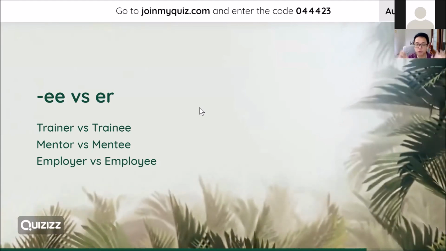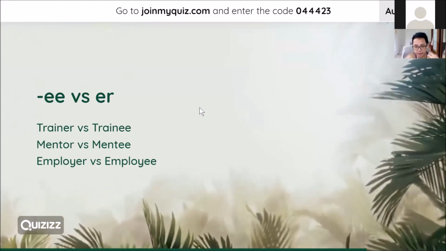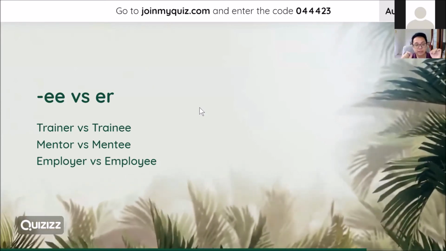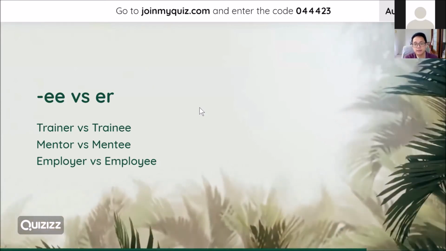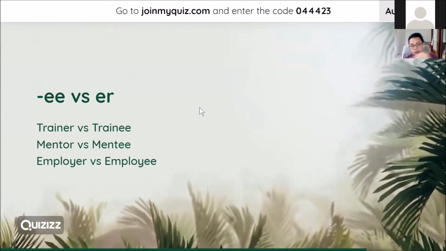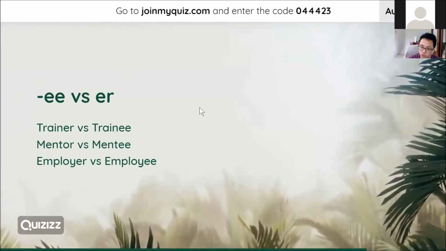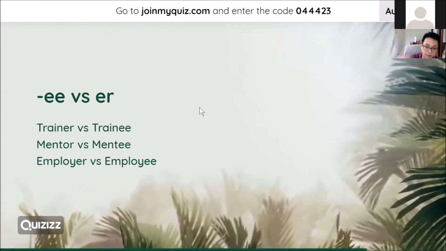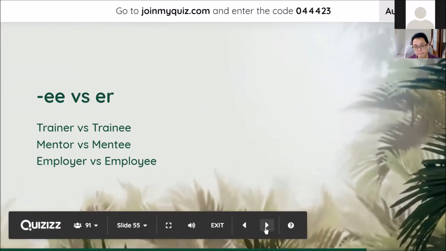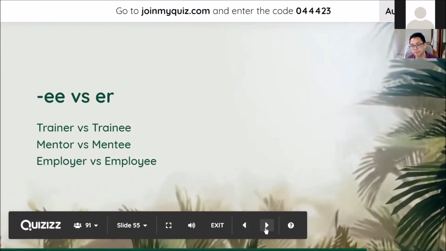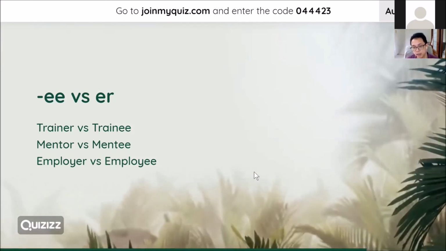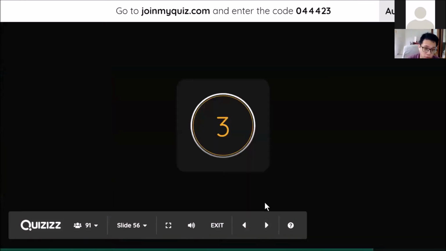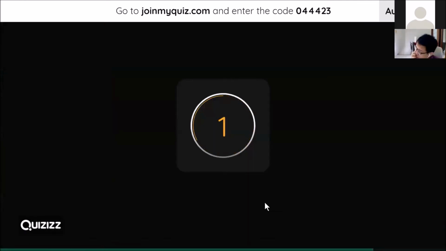ER is usually the one doing the thing, EE is the one receiving the thing, is the passive one, 被动的. OK, EE 是 ER 是主动做那东西的, EE 是被动的. OK, so like mentor 主动去领导你的、指导你的, mentee 是被指导的. Employer 是请人的, employee 是被请的. OK, so here it's a very easy rule to know when to use EE, when to use ER.